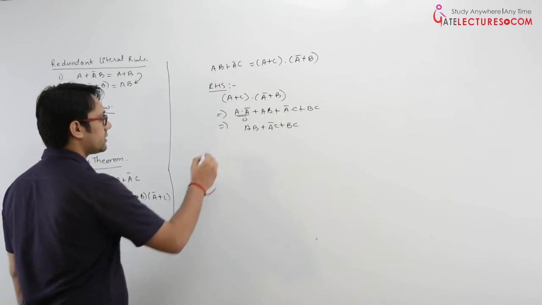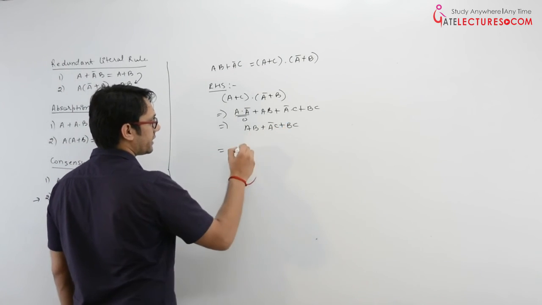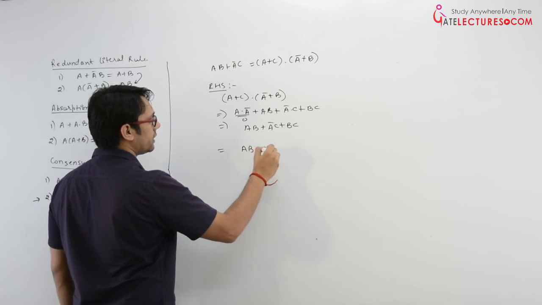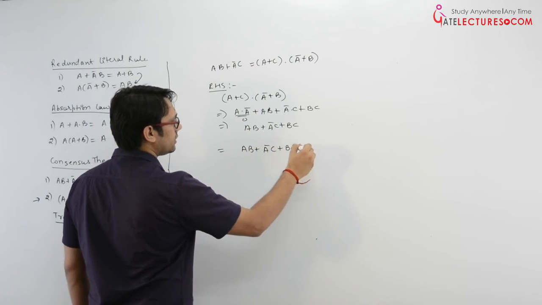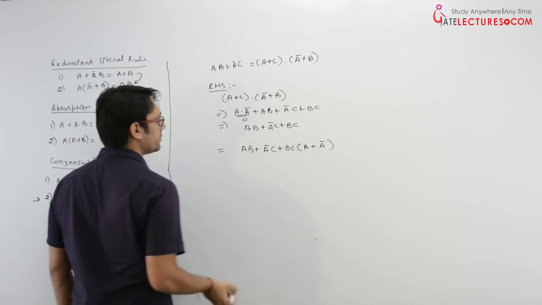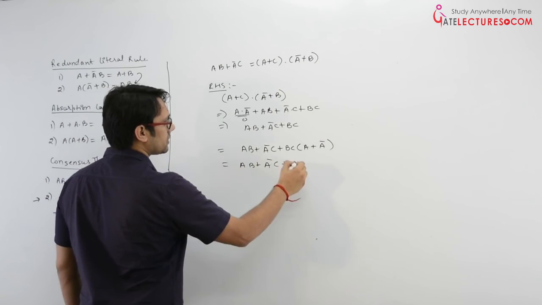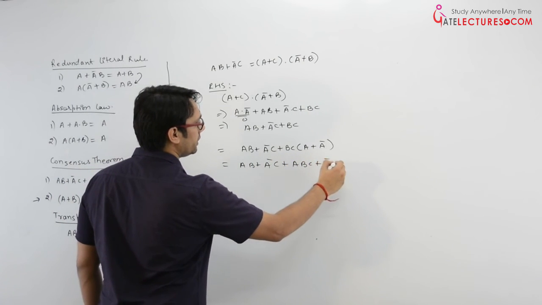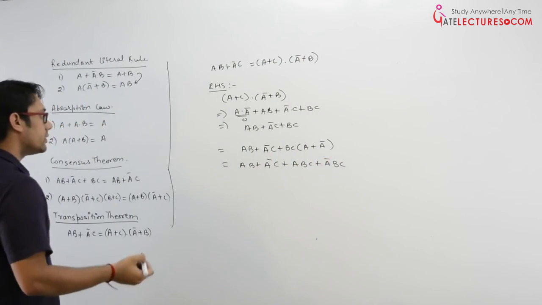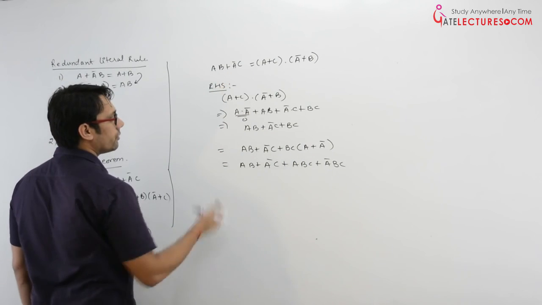So it is AB + A'C + BC, right? So this is the right hand side. Fine. Now with this BC I can write AB + A'C + BC(A + A'). So it can be written as AB + A'C + ABC + A'BC, right? In this case we need AB and A'C.